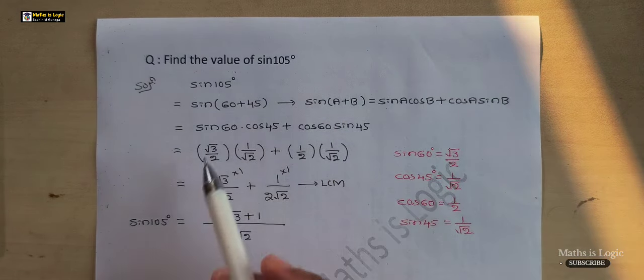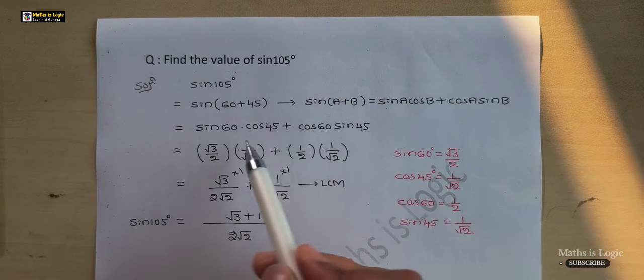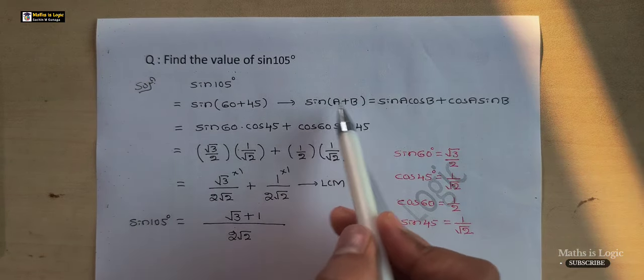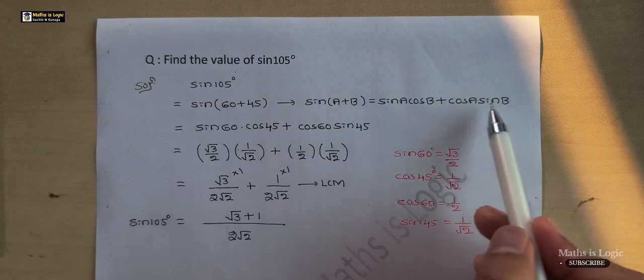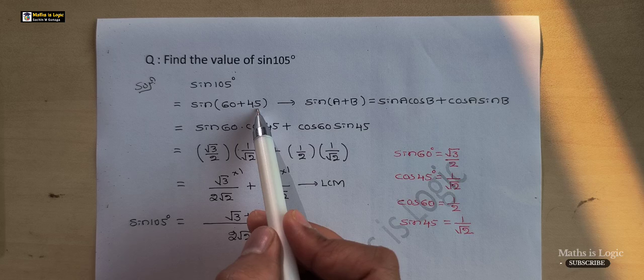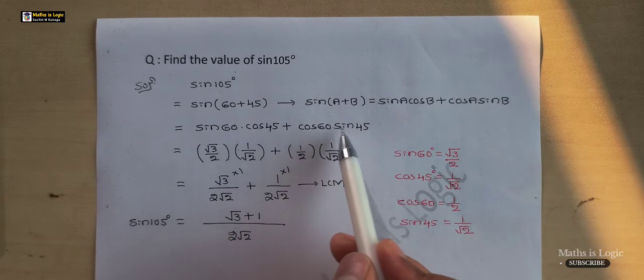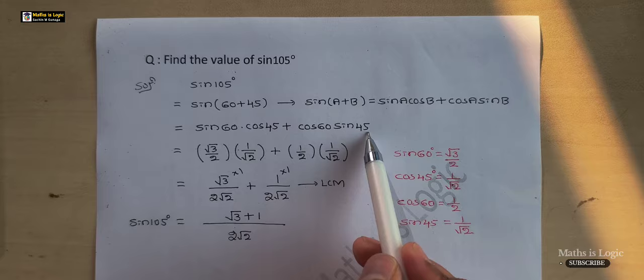Apply the formula. Remember, a means 60 degree. Wherever a comes, replace it by 60. B means 45 degree. Wherever b comes, replace it by 45. So sin 60 plus 45 becomes sin 60 into cos 45 plus cos 60 into sin 45.